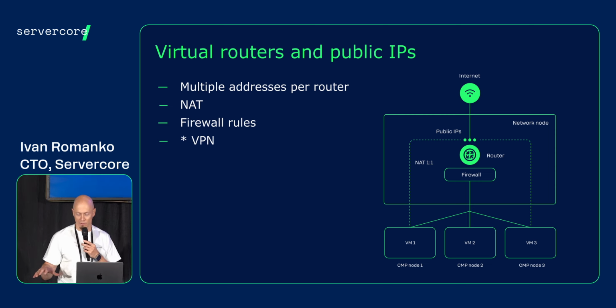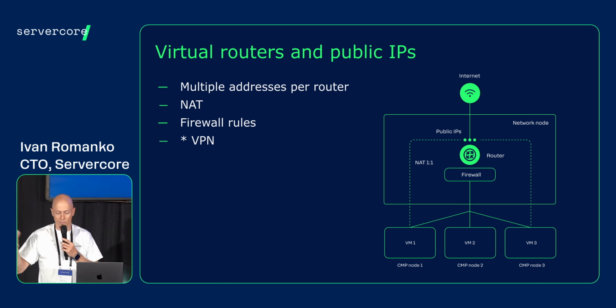But at the same time, router is the first thing that you will be able to see inside a cloud infrastructure. As you remember, router is a central part of the network node. So each time you create a router, a new instance of a virtual router is being launched on one network node. We have multiple, but on one of them you will spot it.